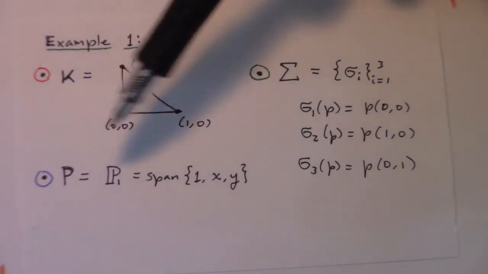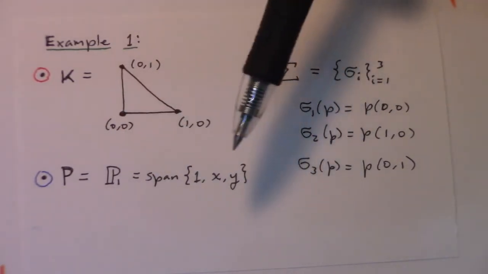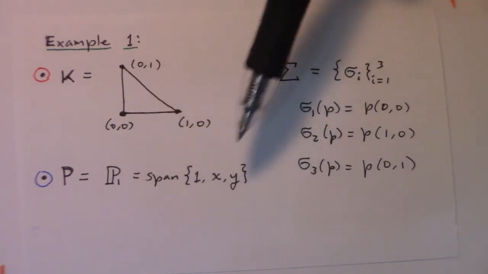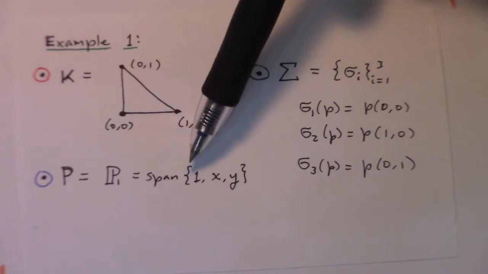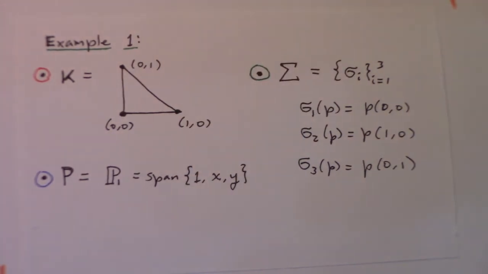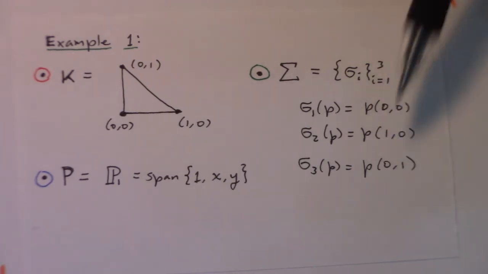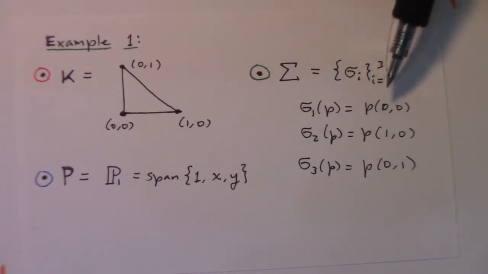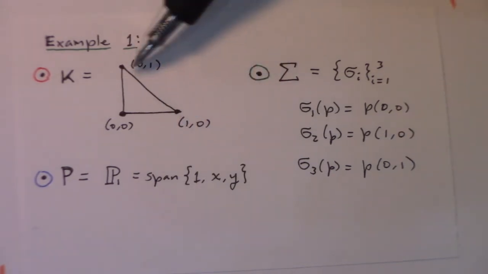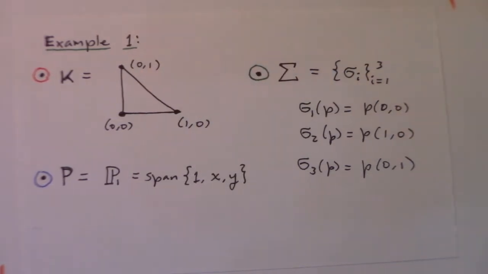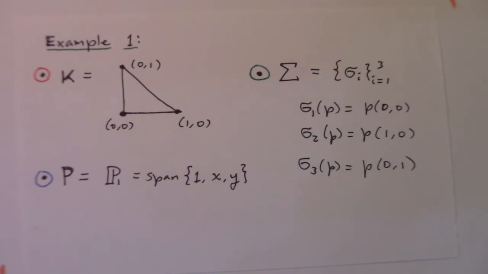The space P will be P1, so that's linear polynomials in dimension 2. Specifically, that's the span of 1, x, and y. And our space of linear functionals are given here. That is, it's the evaluation of your function at the nodes, at the points of your triangle.